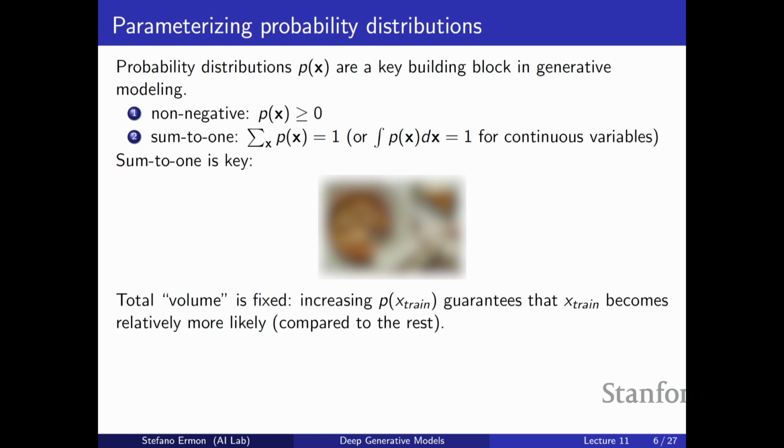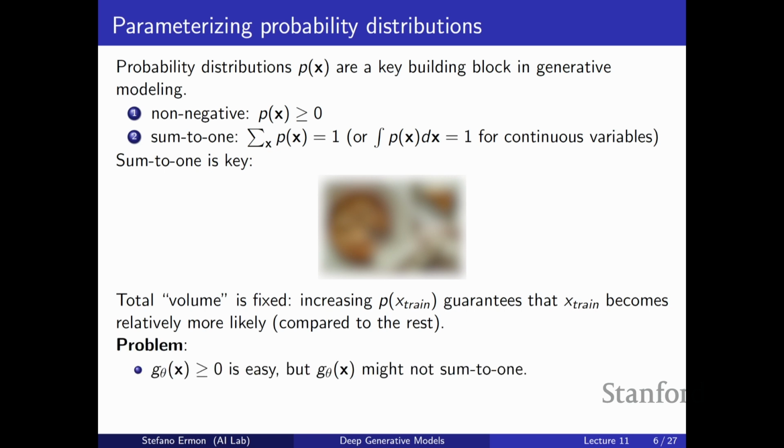And we need this kind of guarantee so that when we increase the probability of the data in the training set, by increasing the slice of the cake that we assign to the samples we like, we're automatically reducing the probability of other things, which, in the case of a generative model, are the things that we don't like.